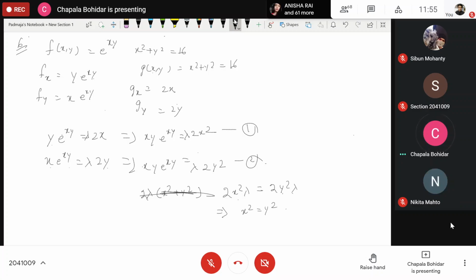By substituting the value here, when x is equal to y, it is 2x square is equal to 16.